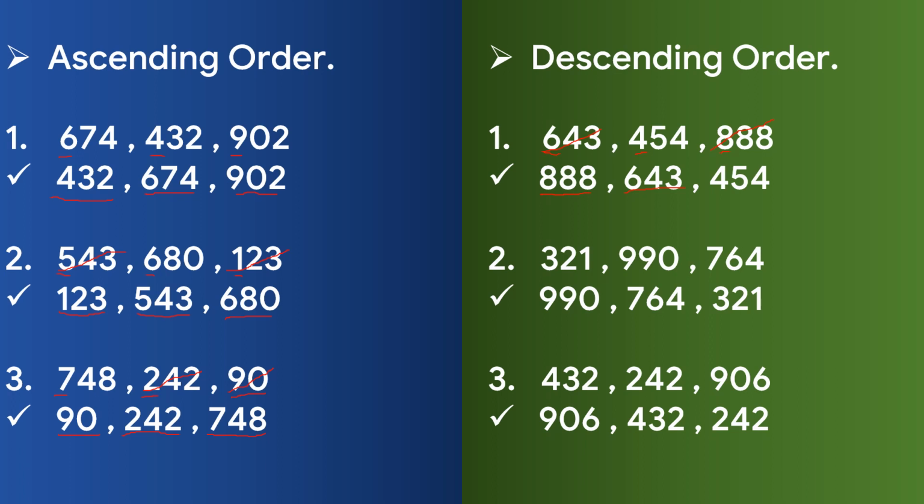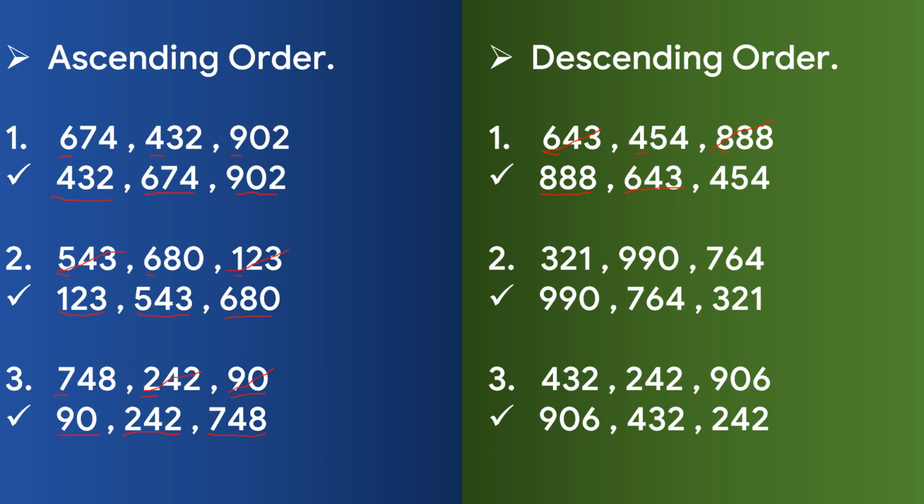Now your second set of numbers is 321, then 990, then 764. Among these three, which one is the biggest? Whose first digit is biggest? First number, first digit is 3. Second number, first digit is 9. Third number, first digit is 7. So which one is the biggest number? 990.